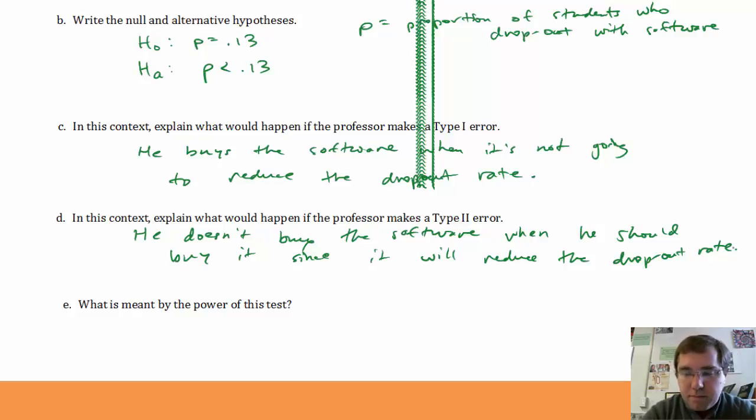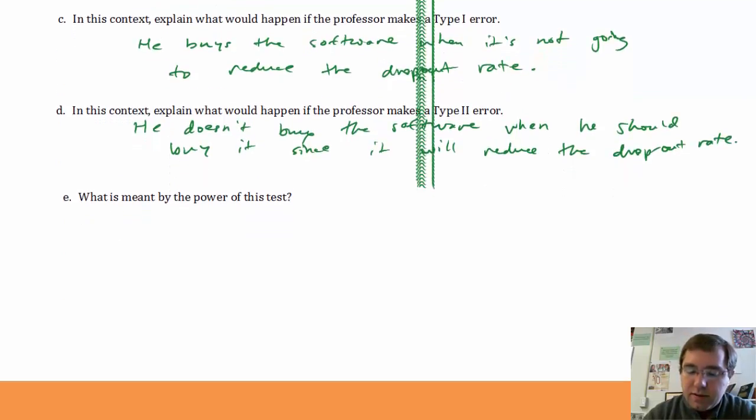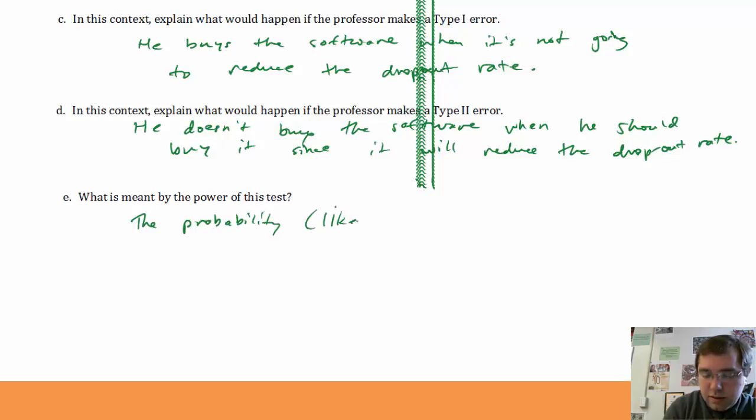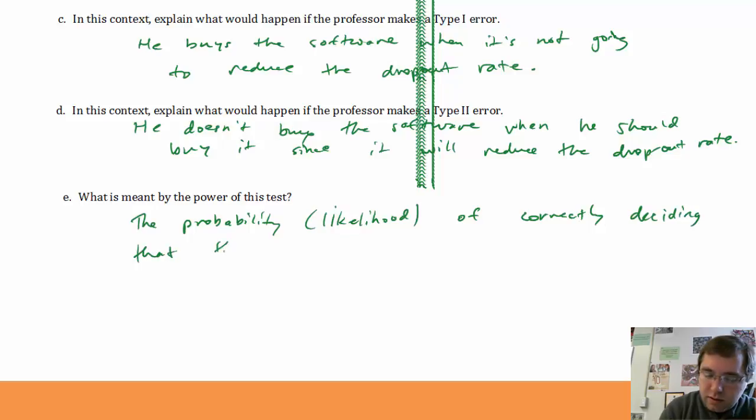Alright? What is meant by the power of this test? So power is the likelihood of your test to reject the null hypothesis when it should reject the null hypothesis. So in this case, it's the probability or the likelihood of correctly deciding that the software will lower the dropout rate.